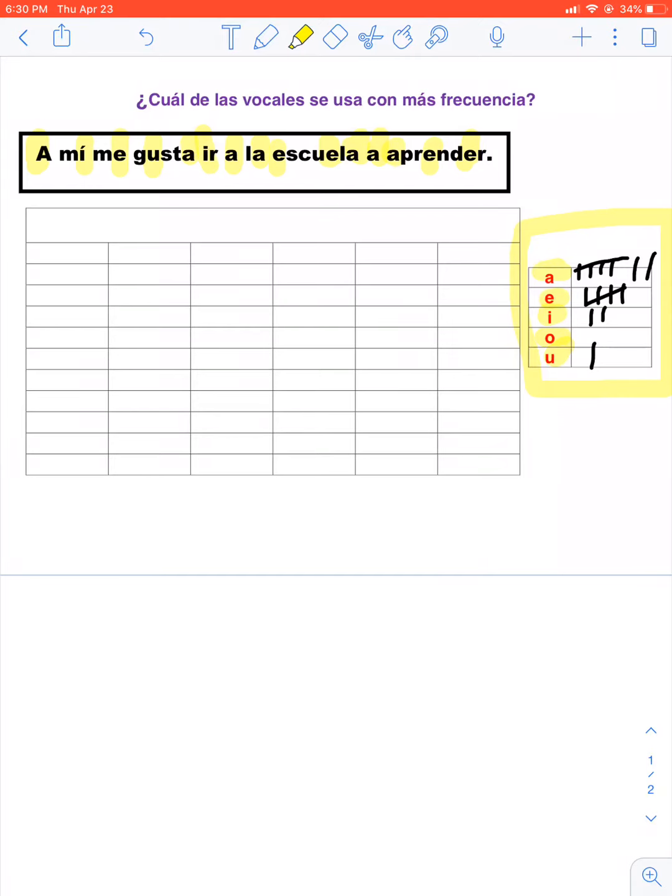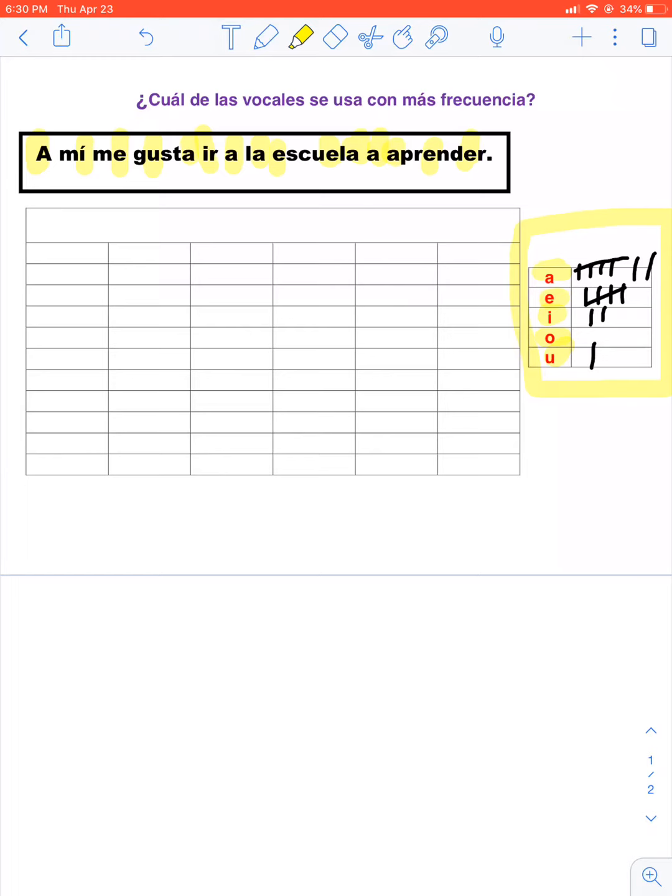First, we need to give our graph a title, and we have to label the boxes so when somebody comes and looks at this, they can understand our graph. Okay, so first the title.